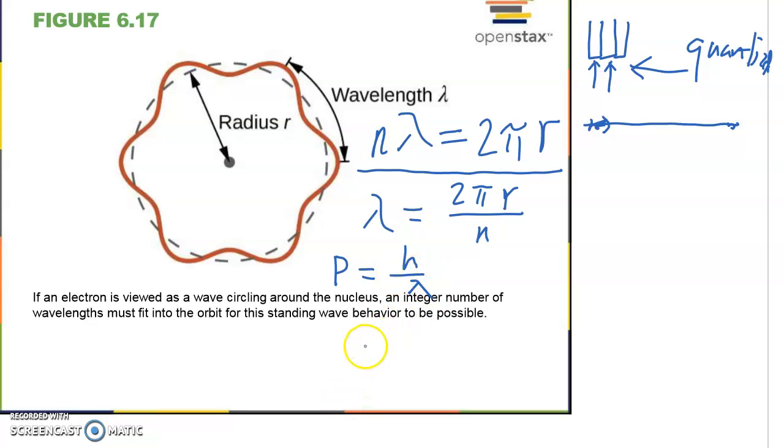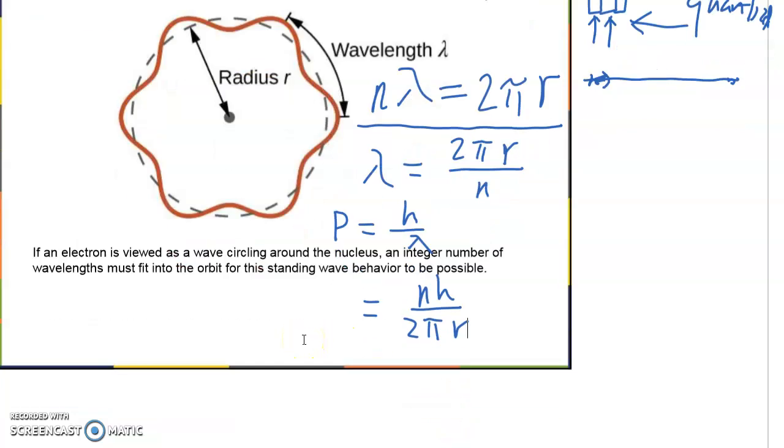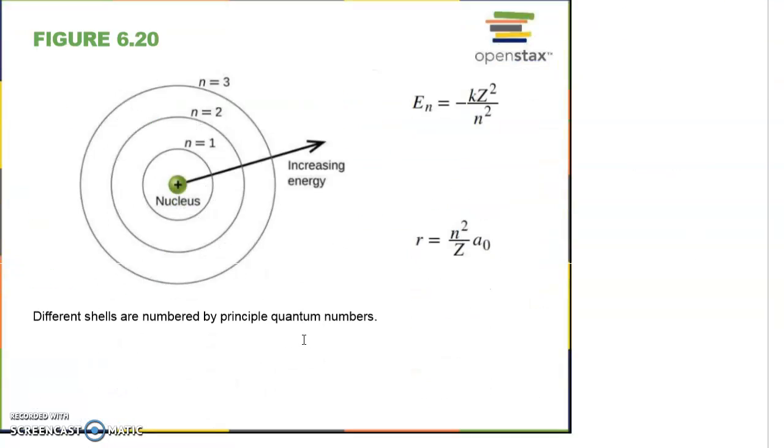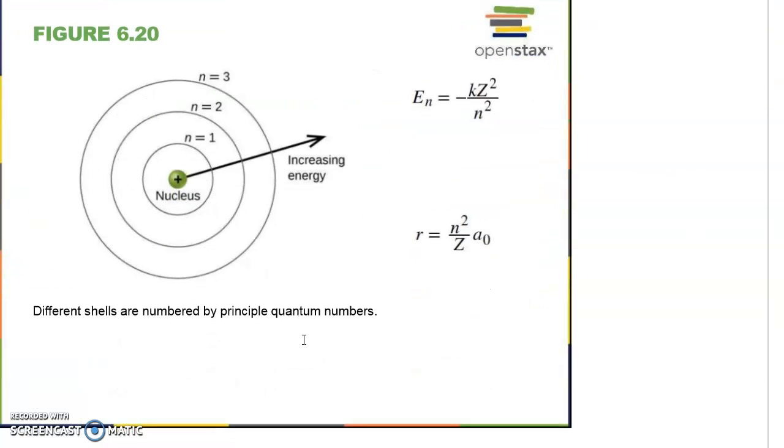If that is the case, then momentum will be equal to nh divided by 2 pi r. So momentum is quantized and energy is also quantized. That's the beginning of quantum mechanics. Okay, so what are we talking about here? If we combine all the above, that's called the Bohr model.